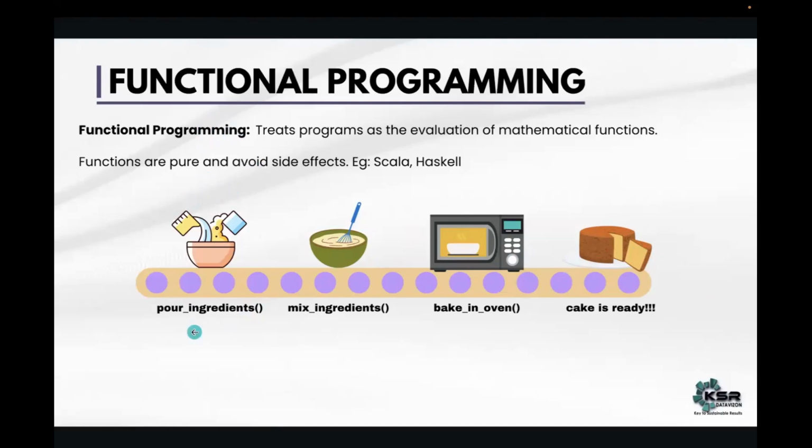The machine will always pour those ingredients in the same quantity. If you give the same input, bake a cake, it will always pour those ingredients only. So pour ingredients is a function. Mix ingredients is a function. Bake in oven is a function. Now the cake is ready. So it is just the style.